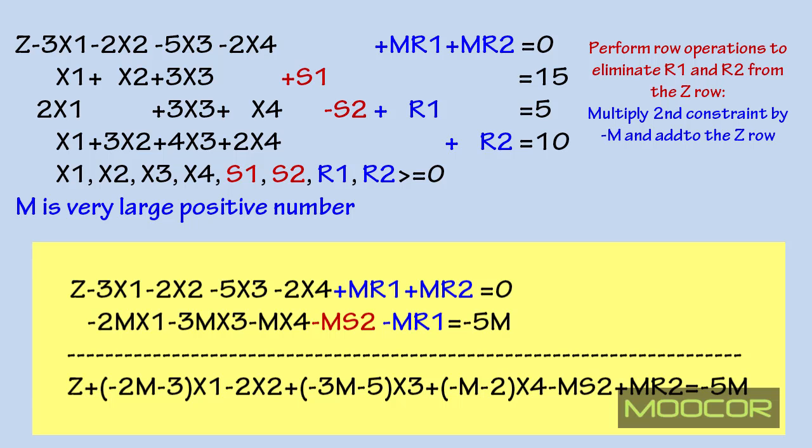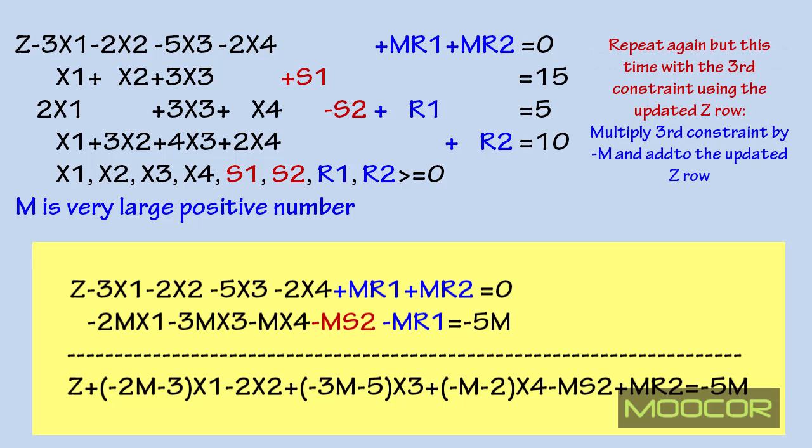Now we can eliminate R2 from the Z row. We will multiply the third constraint, which has R2, by negative M, and we will add it to the updated Z row. In this case, by doing so, we will eliminate R2 from the objective function row.